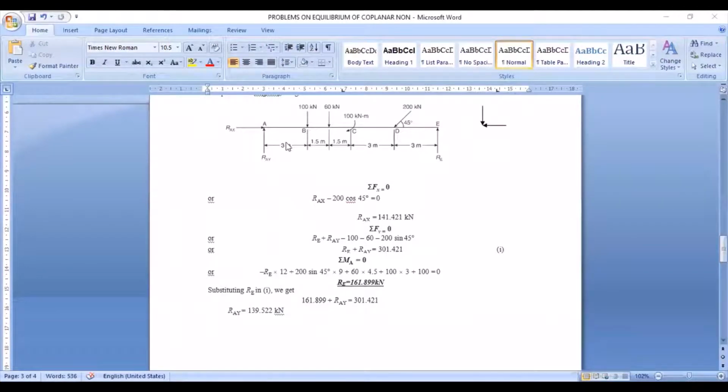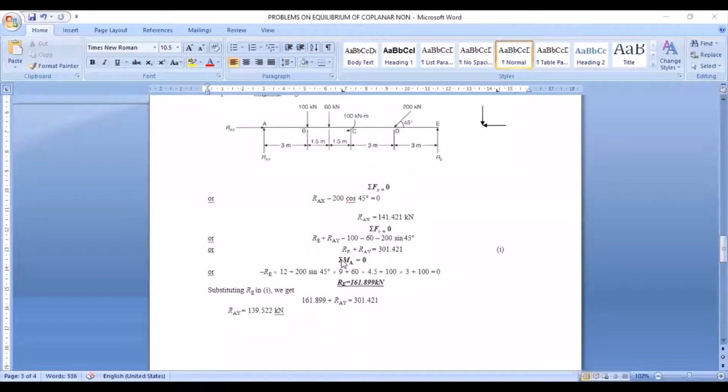Now, as we have discussed in the earlier class also, we are going to apply the moment at such a point wherein maximum unknowns will become zero. So it is feasible that we take the moment center as point A. If you take the moment center as point A, first let us count how many forces there are in total in the diagram for the moment equation.